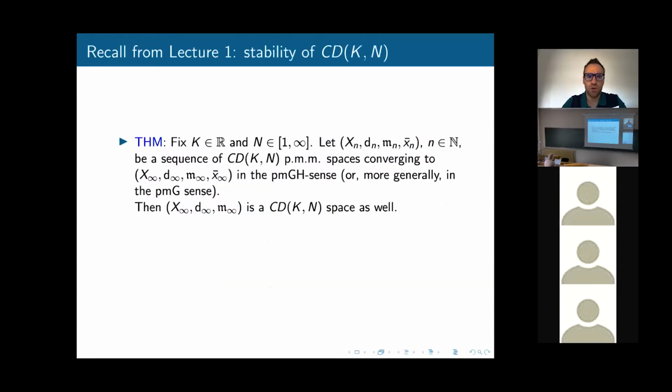We also did the stability of CD. Let me recall the theorem. Fix some K in R and some N in [1,infinity].